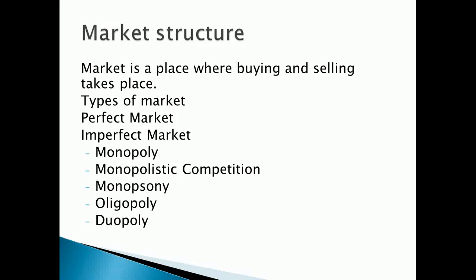Now, in a perfect market, the demand curve is derived from the equilibrium demand and supply. So in a perfectly competitive market, individual firms remain price takers. The price is determined by the intersection of the market supply and the demand curves. The demand curve for an individual firm is different from a market demand curve.